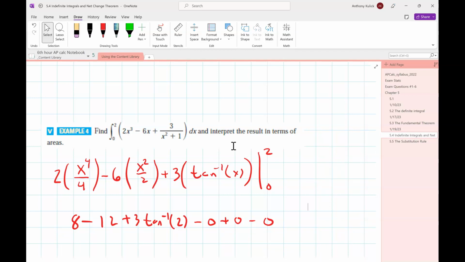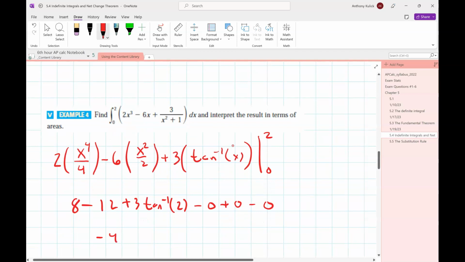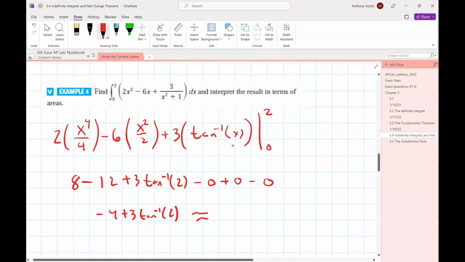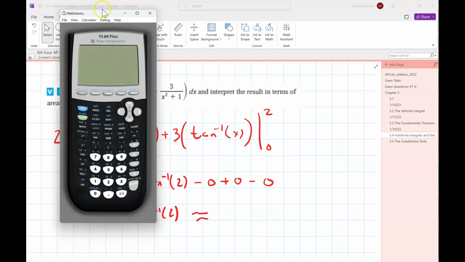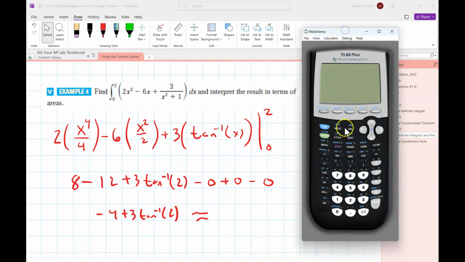So if I do that, what do I get? I have negative 4 plus 3 tan inverse 2. And that would be your no calculator answer. If you wanted anything more than that, tan inverse 2 is not something you could do in your head.